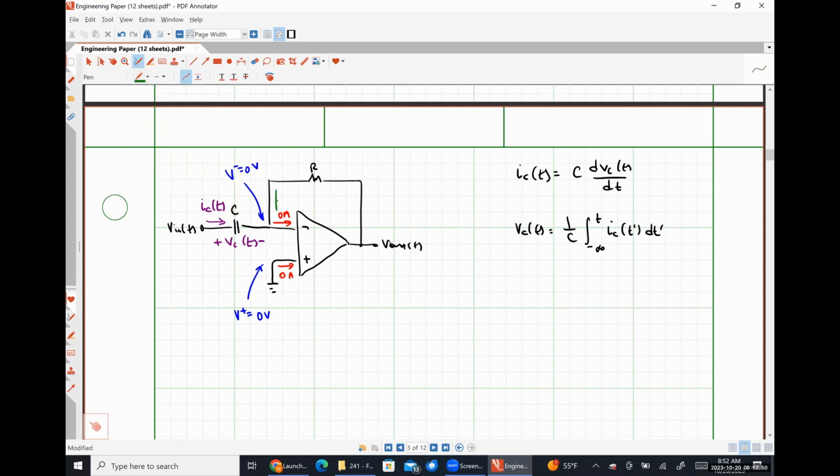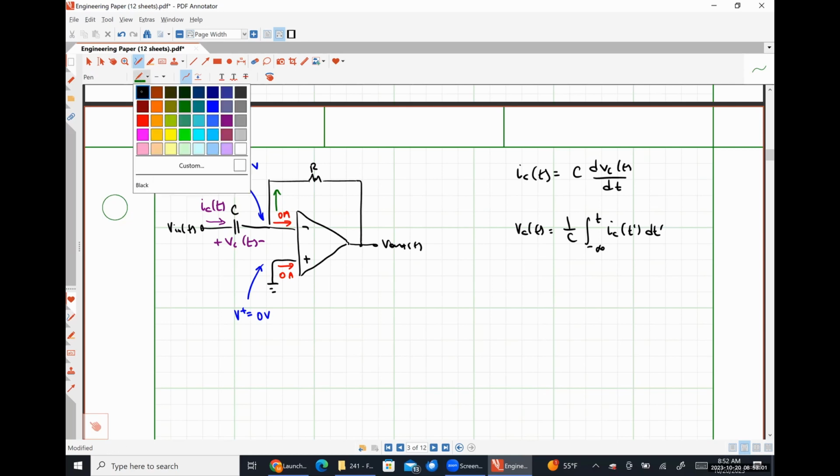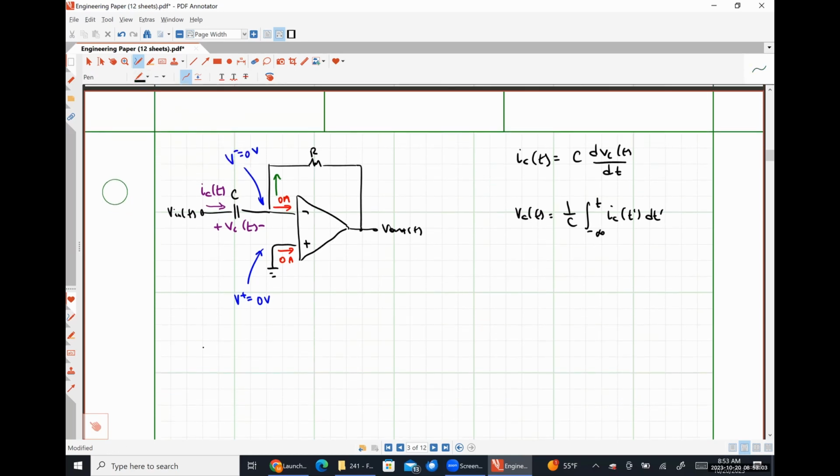And once again, I'm going to apply Kirchhoff's current law as the current flowing into the inverting input node is equal to the current flowing out of the inverting input node, giving me the relationship IC of t is equal to negative V out divided by R.